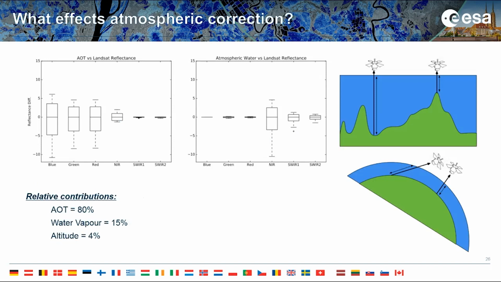This is the effect of atmospheric correction. So aerosol optical thickness has a contribution of 80%, water vapor about 15%, and altitude about 4%.